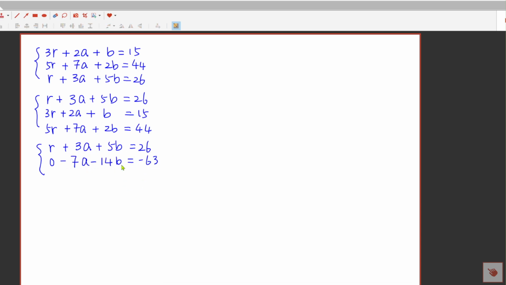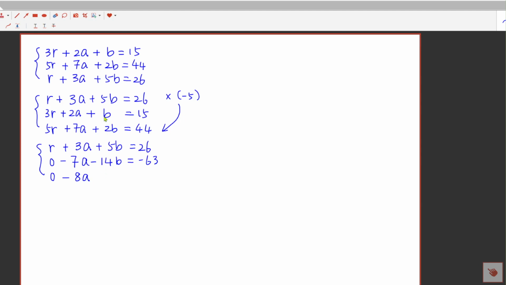Okay, let's align them a little bit. And again, we can also use the first equation multiplied by -5 and add it to the third equation. This will also eliminate the 5r here, right? So this will give us 0 here. And 3 times -5 plus 7a gives us -8a, right?